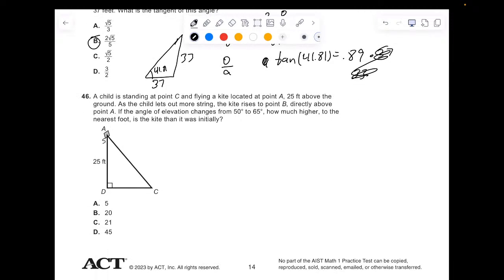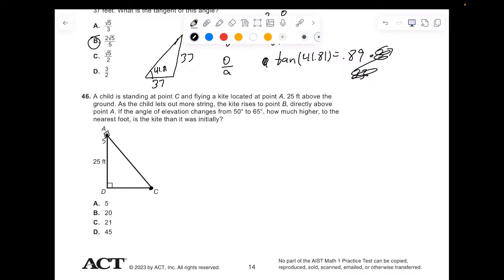A child is standing at point C, flying a kite located at point A, 25 feet above the ground.